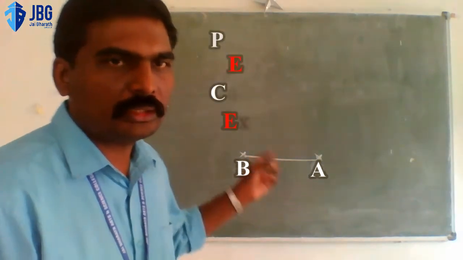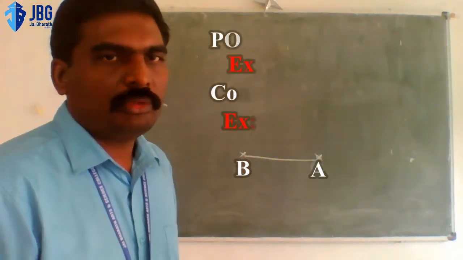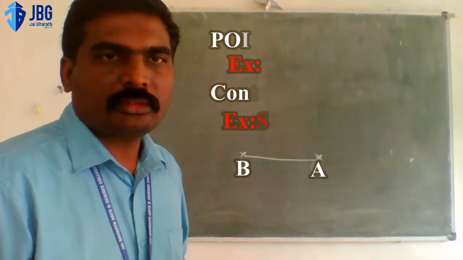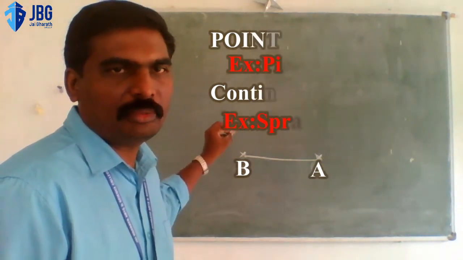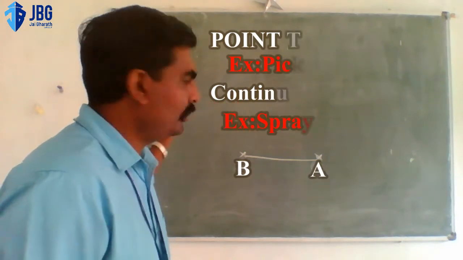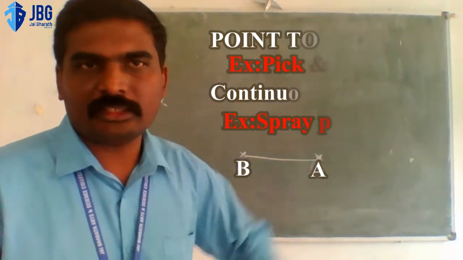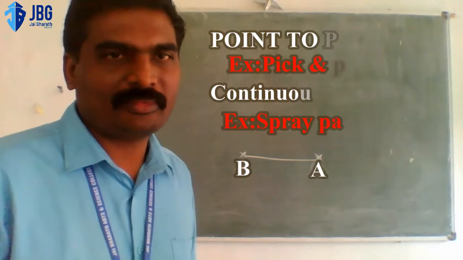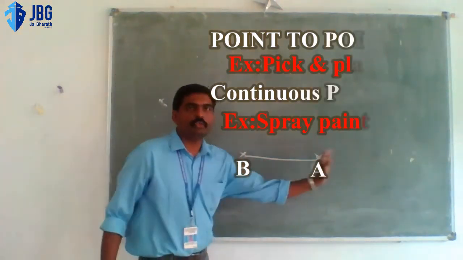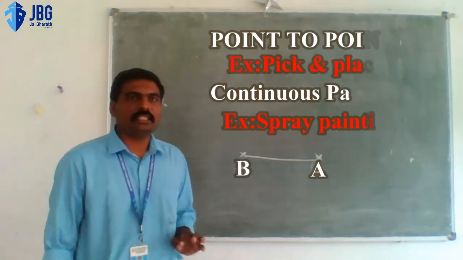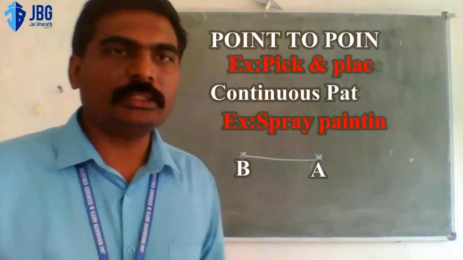If you want to paint this board, how we paint? Is it discrete points? We paint on discrete points, or we brush the entire region uniformly. Yeah, we paint the entire region uniformly. Okay, so that's an example for a continuous motion.